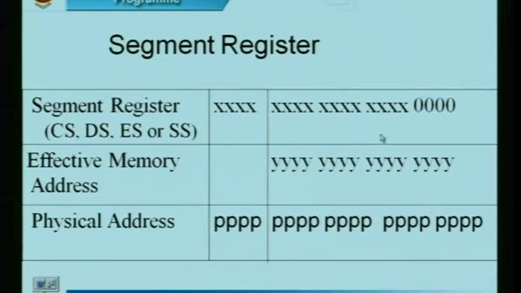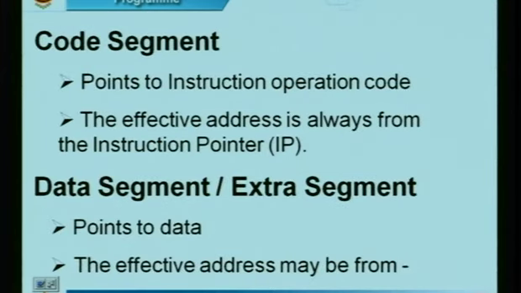So adding the displaced segment register with the effective memory address, we get 20 bits, mentioned here as P, so that we know the total address generated for the memory location is 20 bits.